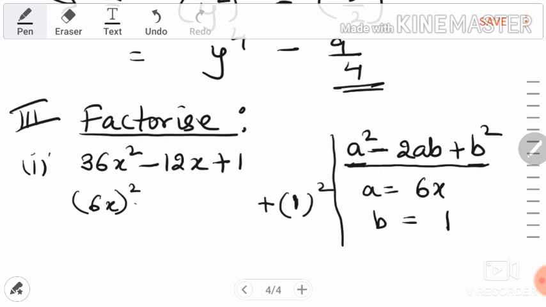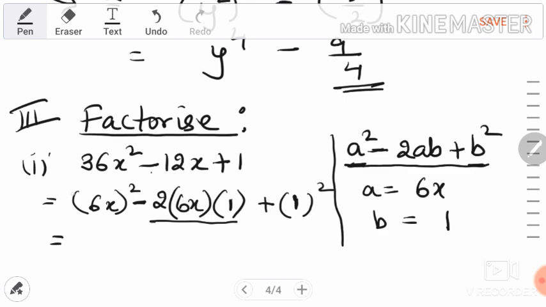Now we can write down the middle term easily, minus 2, a is 6x and b is 1. Before going further, just simplify the middle term and see whether you get minus 12x. So 2 times 6x into 1 is 12x and there is a minus sign.